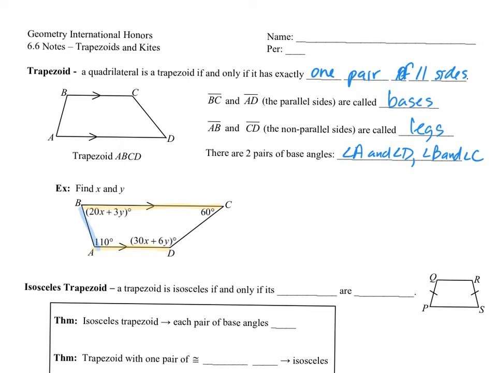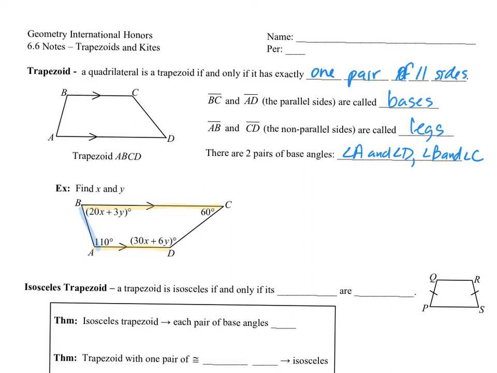Whenever we have two parallel lines cut by a transversal, a pair of angles like these two that are on the same side of that transversal on the interior of the parallel lines, we call same side interior, or in the context of a quadrilateral, consecutive angles. So like a parallelogram, these consecutive base angles are going to be supplementary.